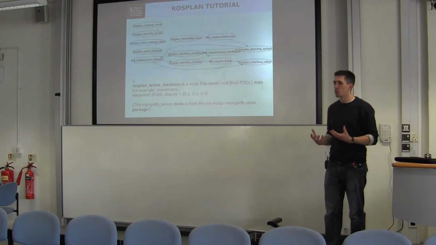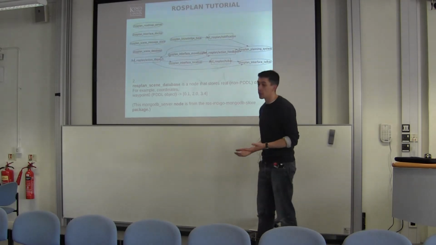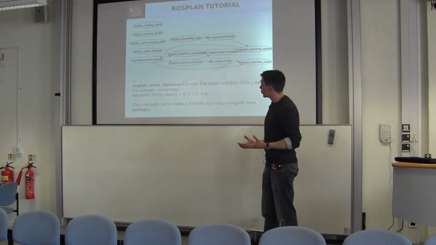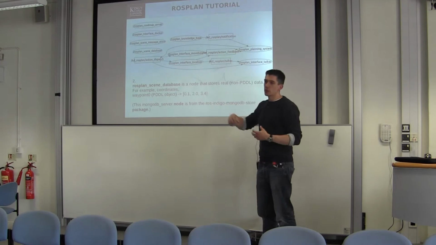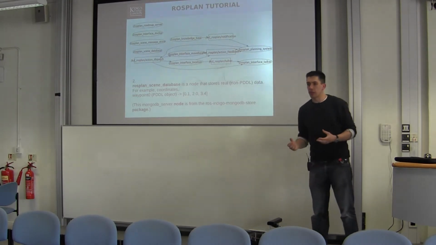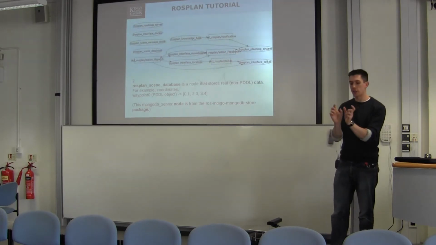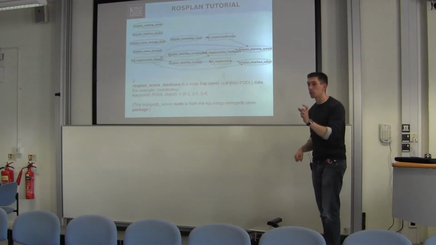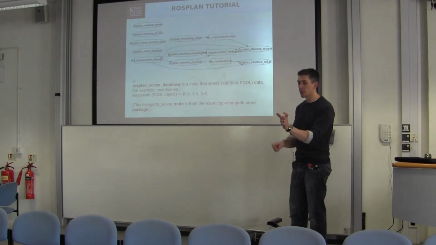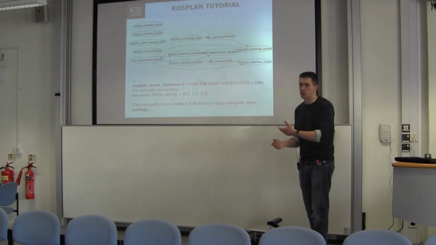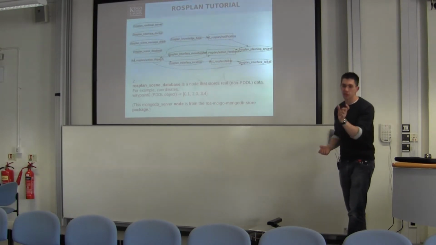So you need to store those coordinates somewhere, and they don't belong in the PDDL model. So you have the scene database to store all of the real information about the world. All it does is store messages in a key value database. The key is the PDDL object instance name, and the value will be whatever message you like. And you can store numerous messages under a single object.